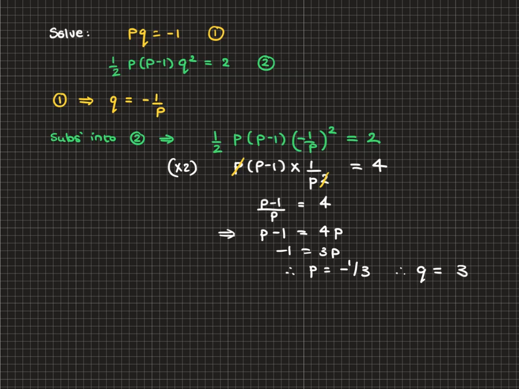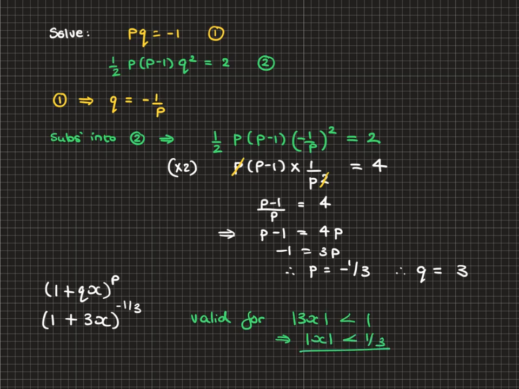So our expansion was (1 plus qx) to the power of p. Well, this can now be written as (1 plus 3x) to the power of negative 1/3, and the expansion is going to be valid for mod 3x less than 1, which tells us mod x is less than 1/3.